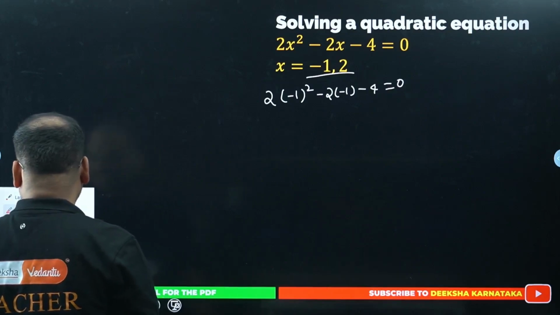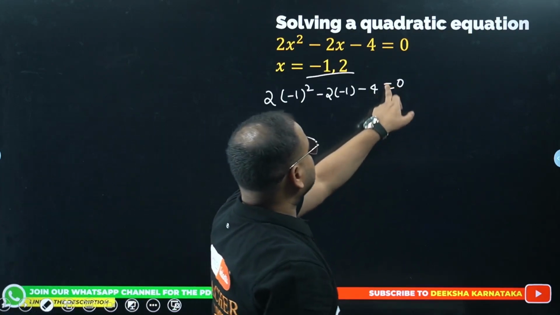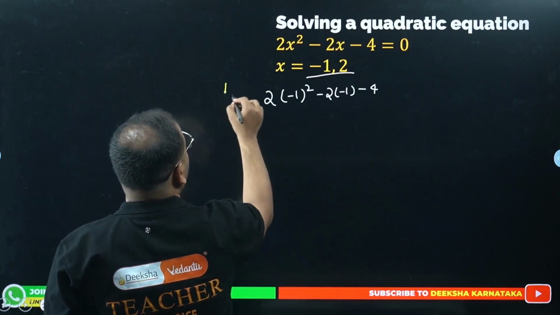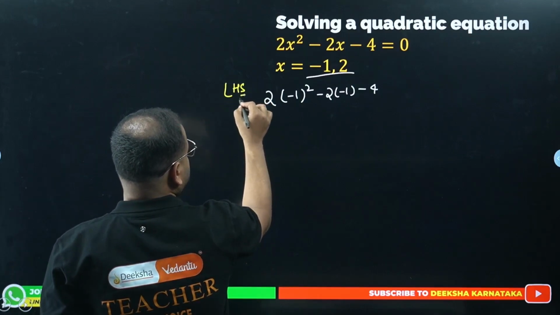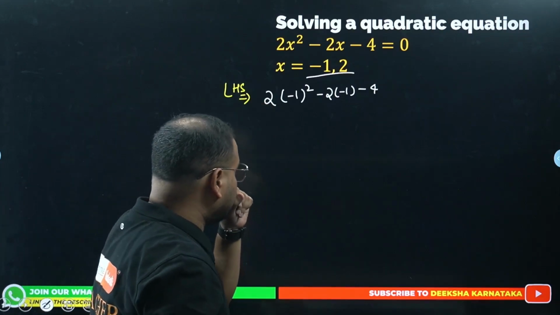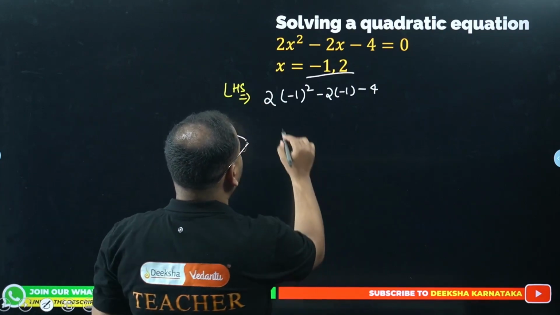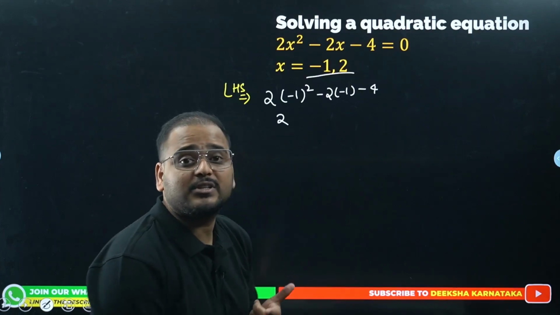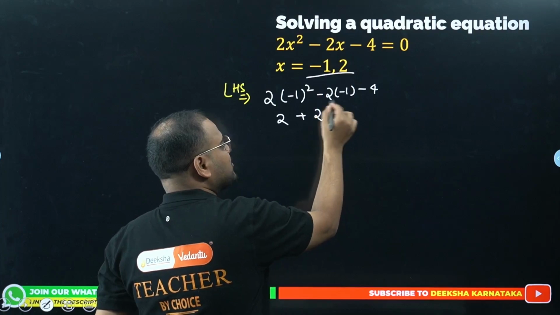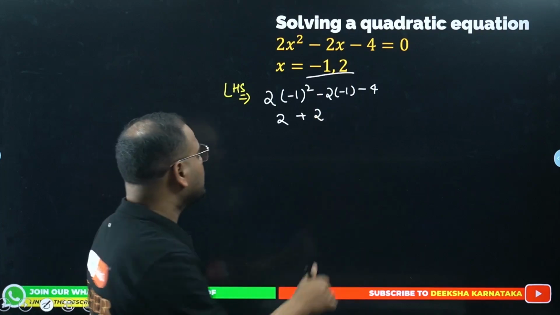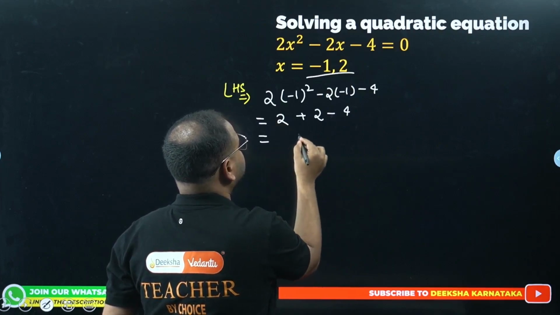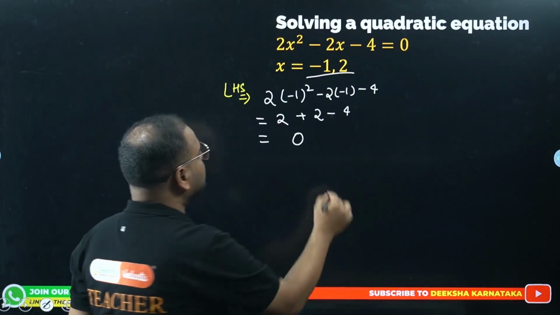Instead of writing the equation, let's just consider LHS. This will continue as 2 because minus 1 square is 1. This will become minus 2 times minus 1, which is plus 2, and this is minus 4. What is this becoming equal to? 0. Isn't that equal to RHS?